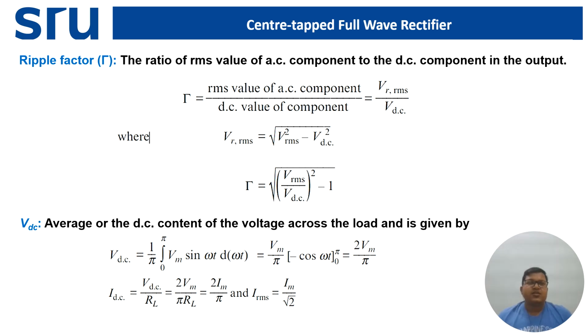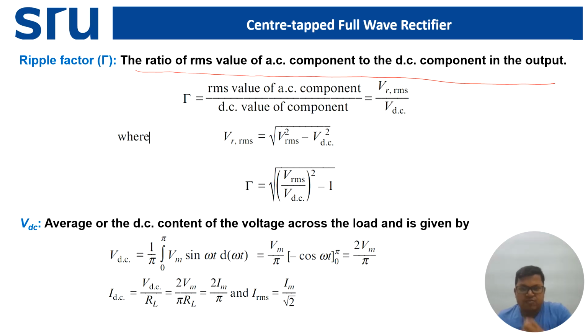Now we will see the ripple factor, like for the half wave rectifier. There is no extra change, because the basic definition is the ratio of the RMS value of the AC component to the DC component in the output.